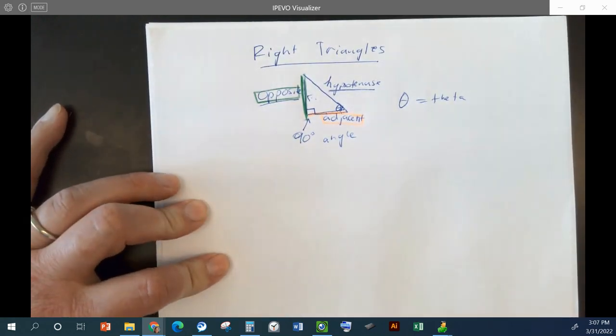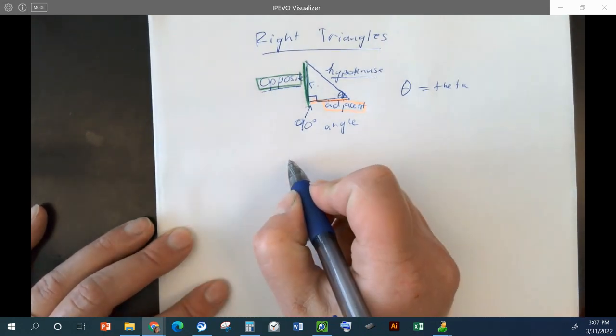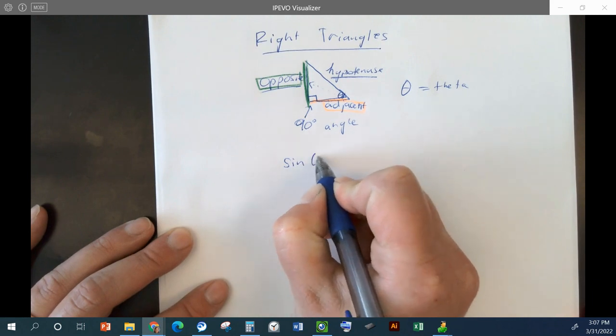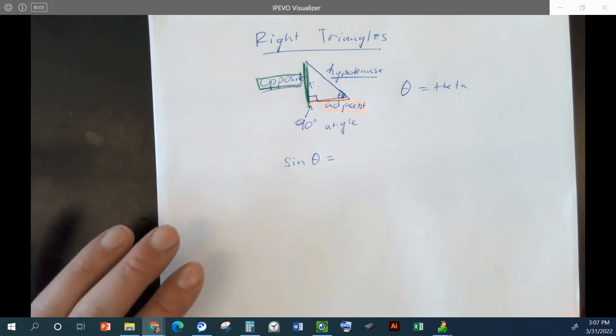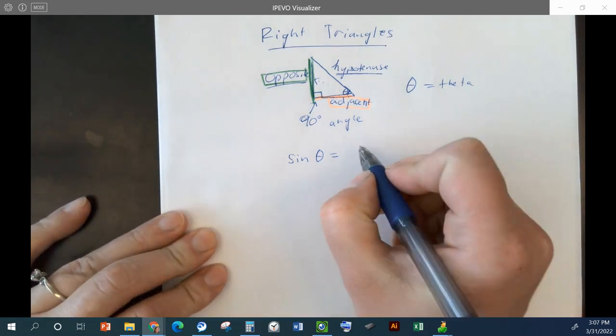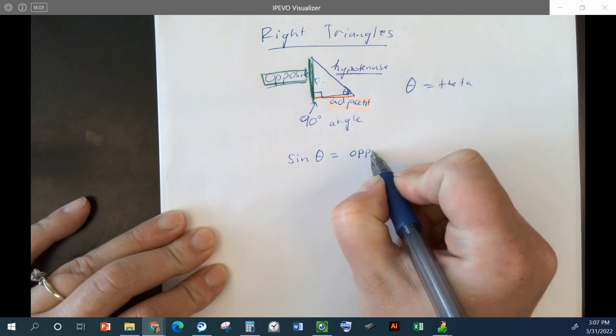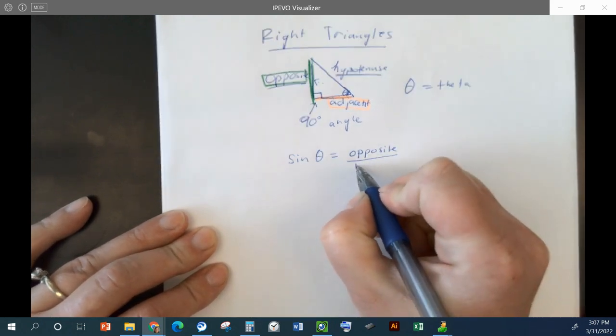Okay. So we have some relationships that we are going to use today. So the first one is the sine of theta, and the sine is the opposite side over the hypotenuse.